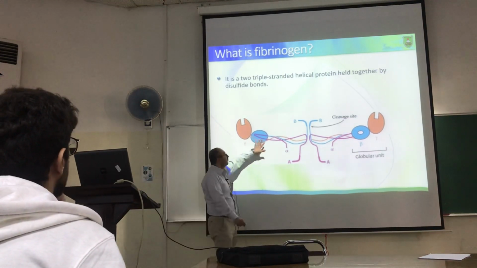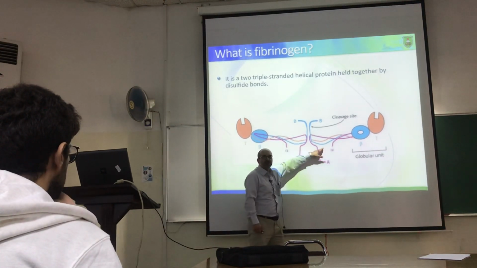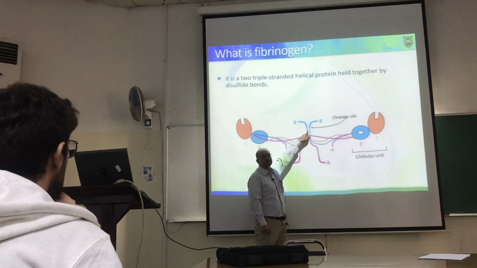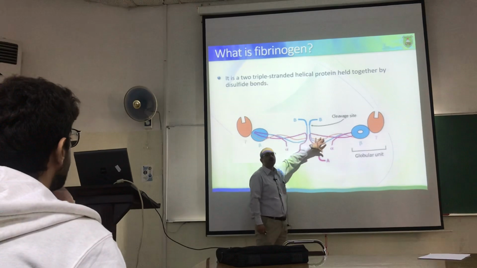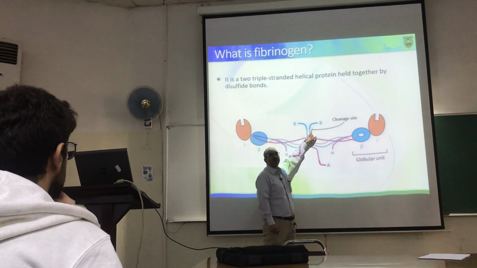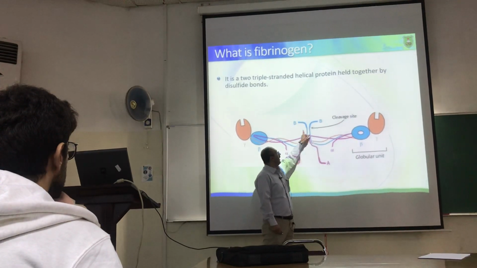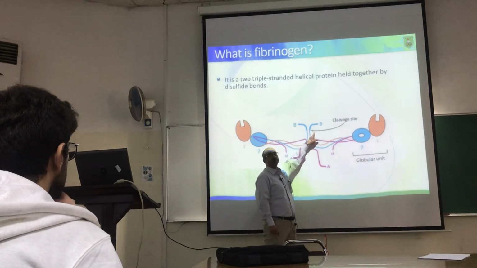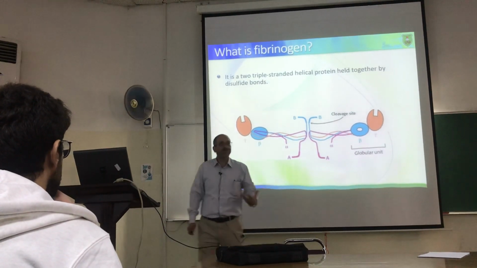You have two triple-stranded proteins that interact with each other by disulfide bonds. The thrombin acts on this side right here, and these two, by the way, are linked by disulfide bond. And this part is cleaved by thrombin, activating the fibrinogen.